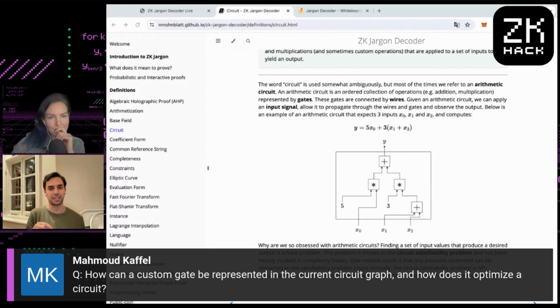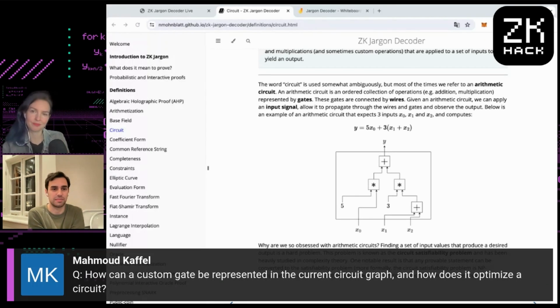So rather than having every time I need a hash, copy pasting thousands of gates, I can say, all right, I bundle them into one, and this is my custom gate. And the cost of doing this is now just like one application of my custom gate. It might be very slow gates, but it's just this one thing. So that's how you would represent it here. A box with a different symbol.